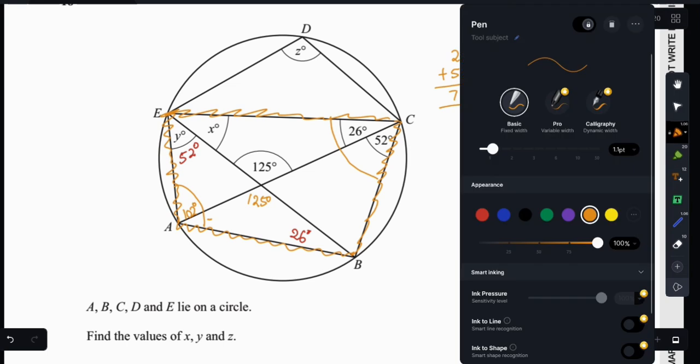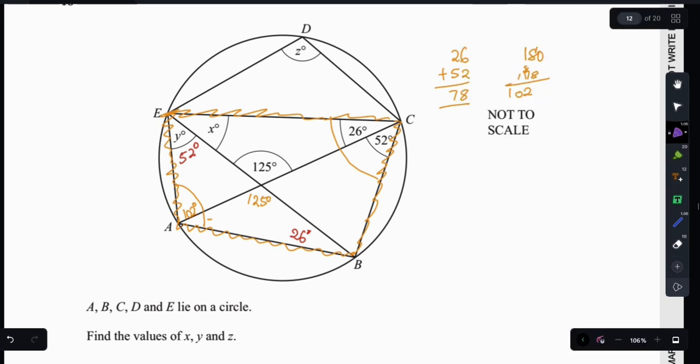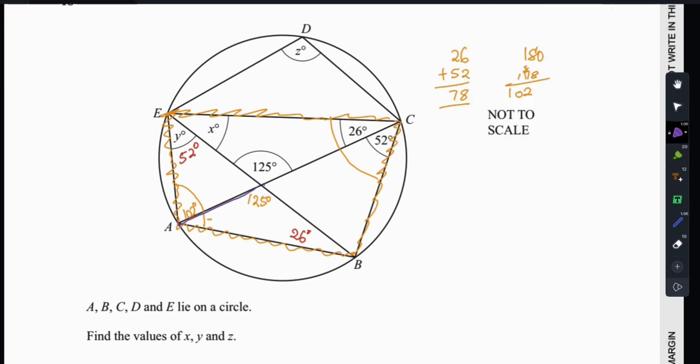This is now a triangle. So 125 plus 26 is 151 degrees. Then 180 minus 151, we get 29 degrees. So this is 29 degrees.